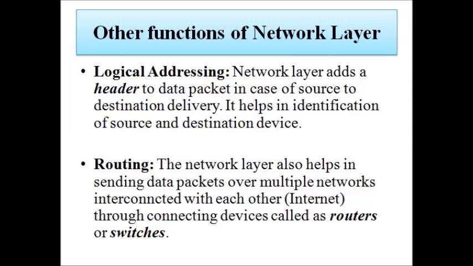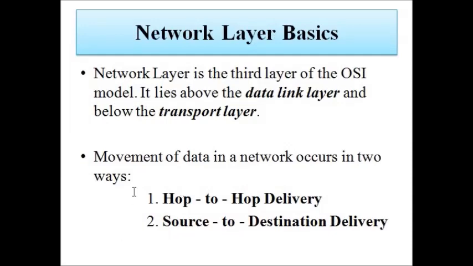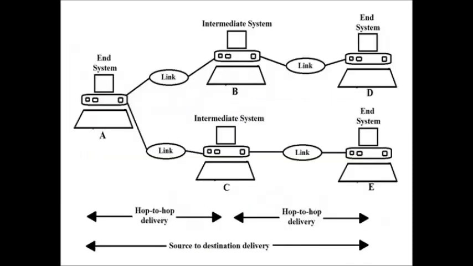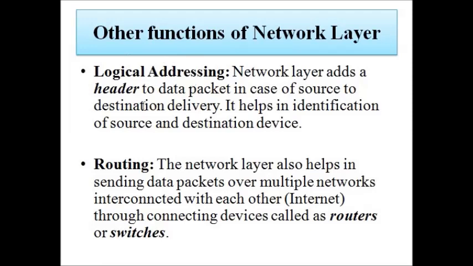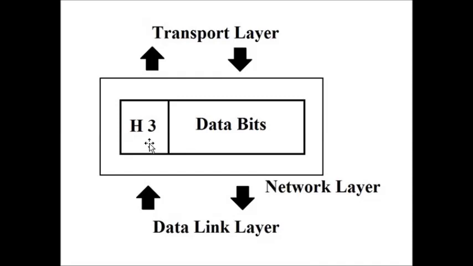So here are some of the basic concepts related to the network layer. First we understood that the network layer helps in accomplishment of source to destination delivery, which means sending data from one end system to another through multiple intermediate devices or systems through multiple connection links. Then it helps in logical addressing, that is, it adds the header information which is unique to each layer of the OSI model.